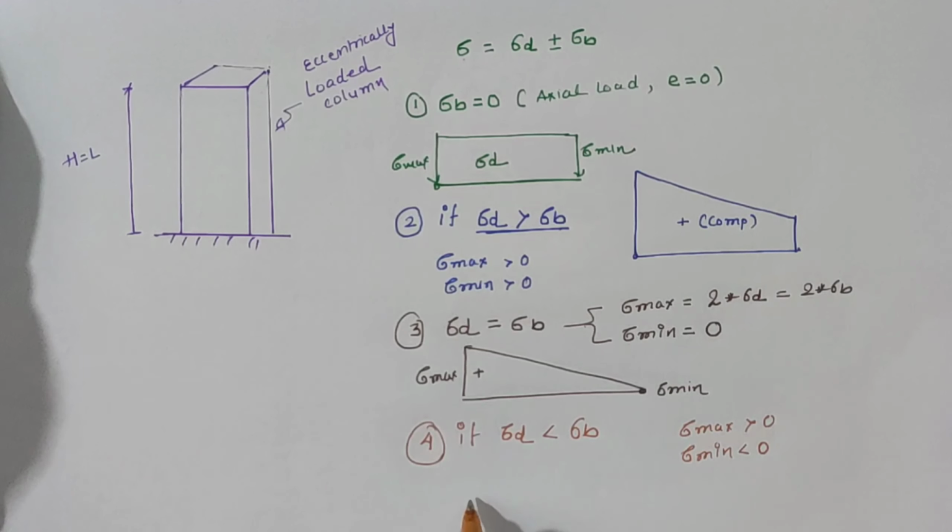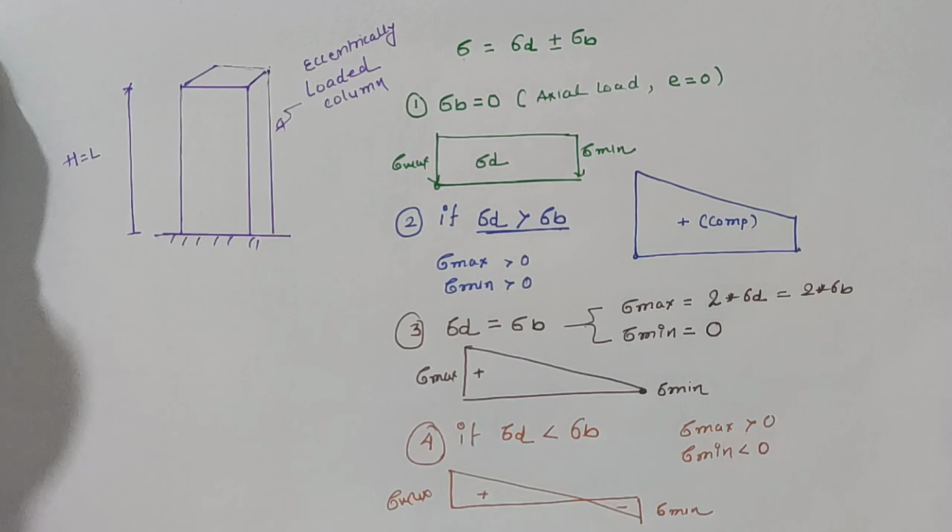For this case our bending stress diagram has sigma max as positive and sigma min as negative, or we can say compressive as well as tensile at the maximum and minimum values.